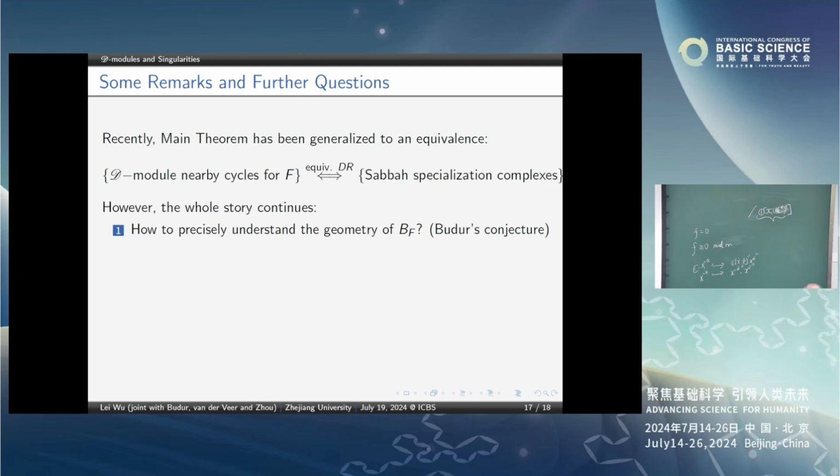More precisely, he conjectured that every irreducible component of BF must be some translated linear subspace of C^r. Okay. And as far as I know, for this conjecture we have some statistics, but I don't know how to prove it.